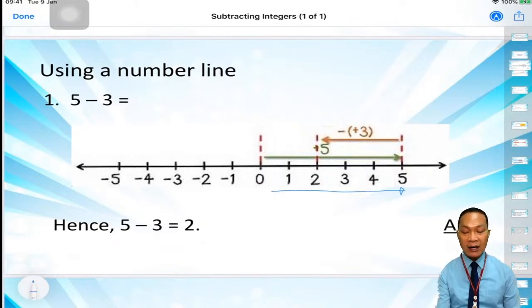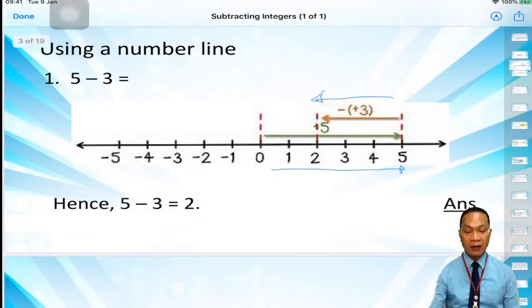When you subtract positive, you have to move to the left. So you have here positive 3 going to the left from 5. So the answer is positive 2 or 2. Alright, next.